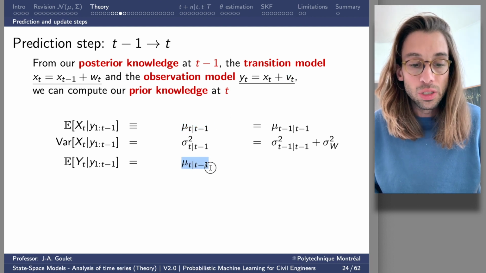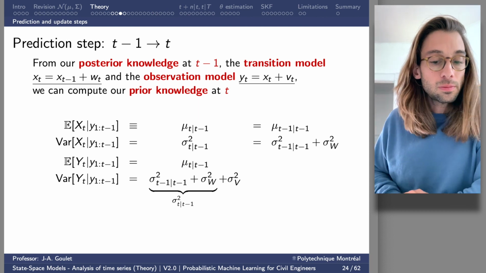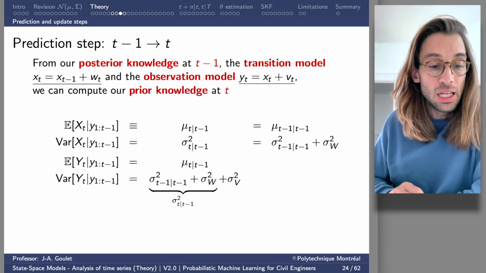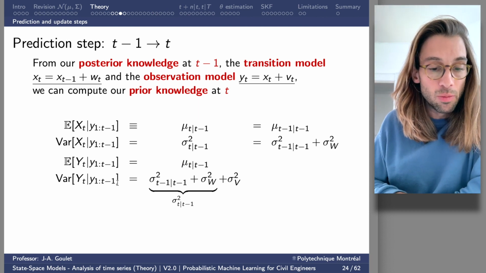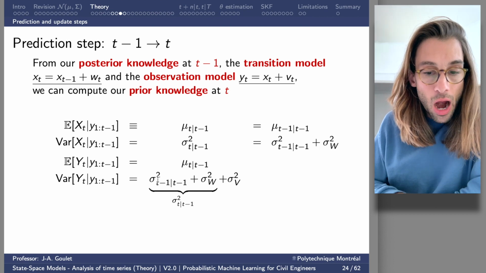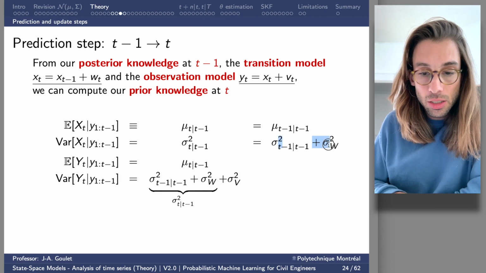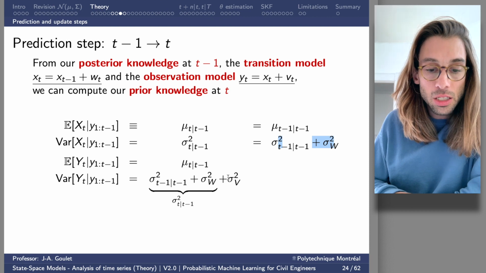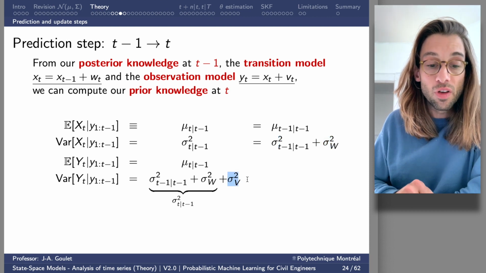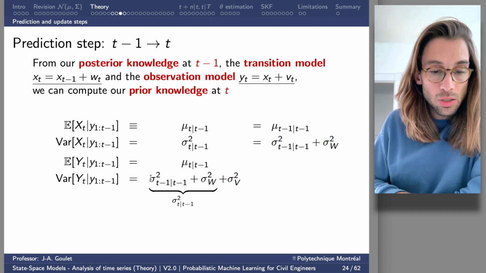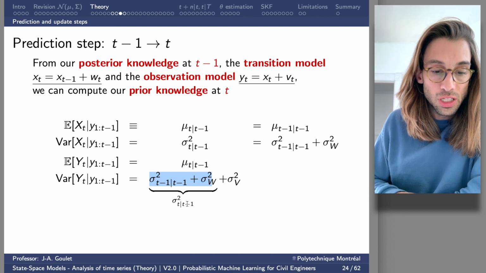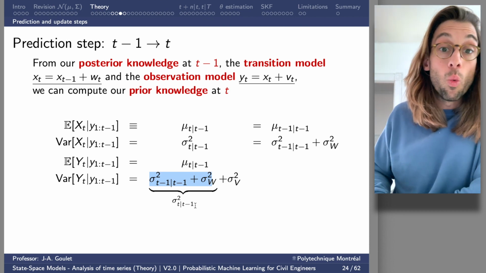So it remained mu t given t minus 1. And the variance for yt given y1 up to t minus 1 is going to be our prior knowledge for the variance here, these two terms, plus the variance for my observation process, okay? Where these terms represent the variance for t given t minus 1 for my y variable.